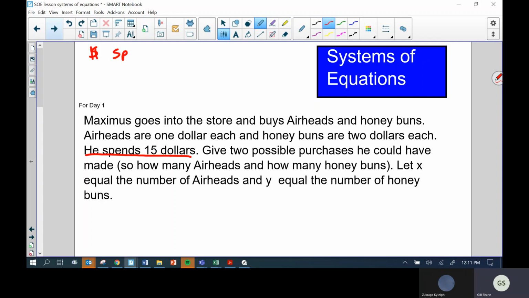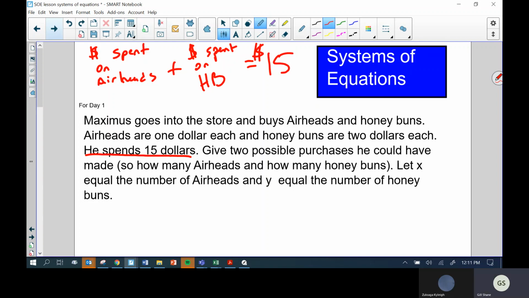So the money spent on airheads plus the money spent on, I'm just going to write HB for honey buns. So however much he spends on airheads plus however much he spends on honey buns has got to equal $15.